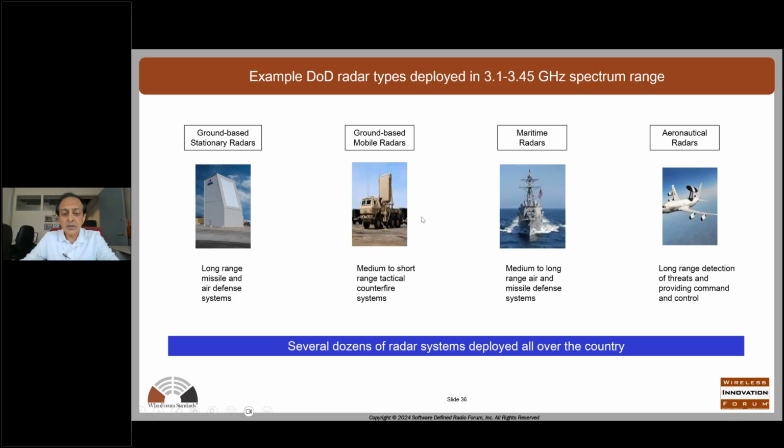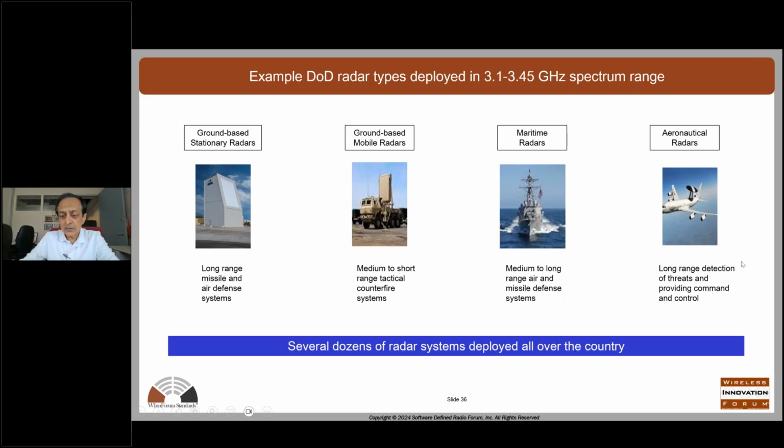Ground-based mobile radars can be of various types, but this is just an example of a tactical counterfire system. There could be other types as well, but typically they are medium to short range, unlike the fixed radars, which are typically long-range radars. Then we have maritime radars, which are typically long-range air and missile defense systems.